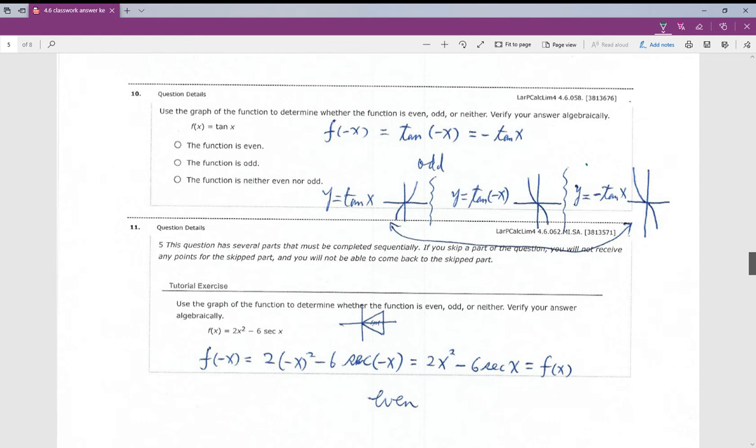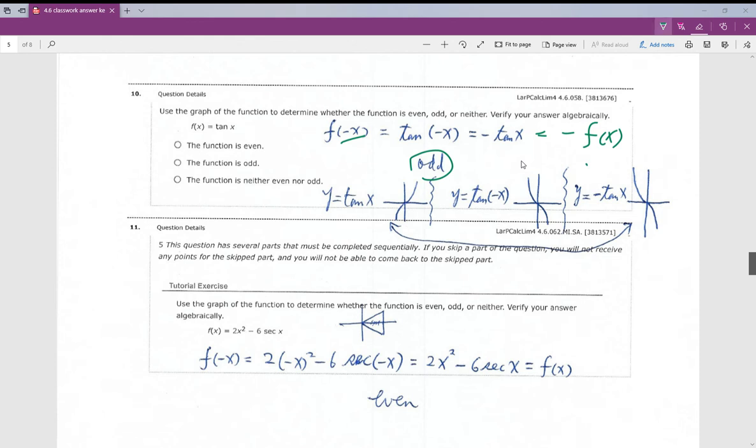Number 10 is a little easier because remember when we talked about odd or even, we have the formula. If you have a function, you input a negative x and end up with the opposite of the y value, then we call it odd.